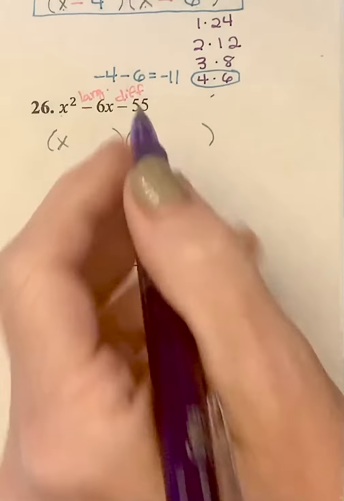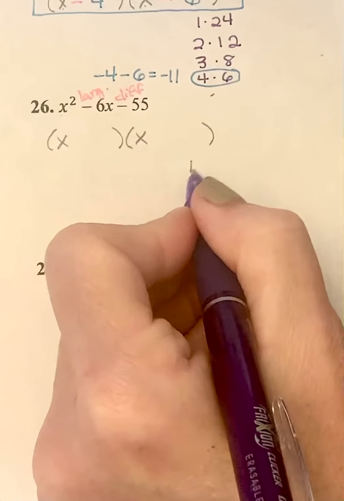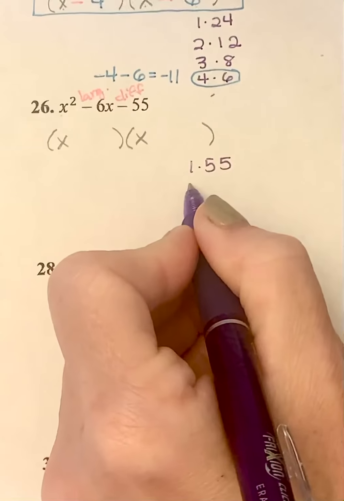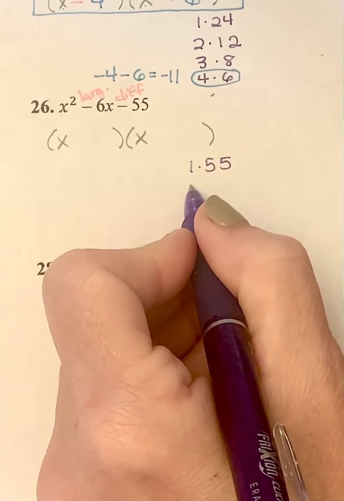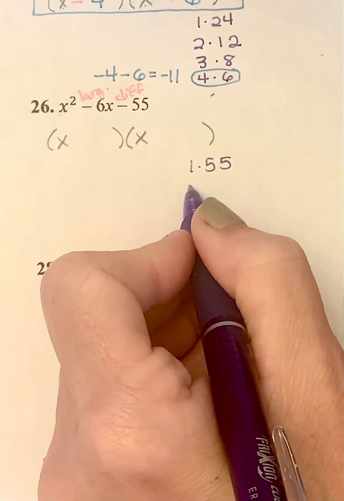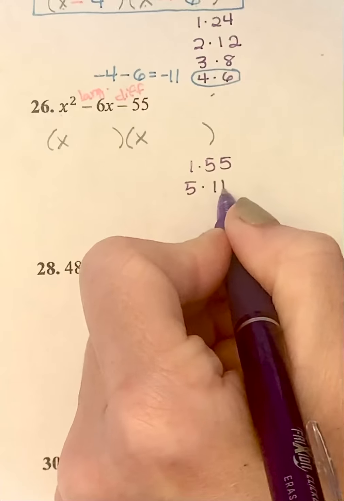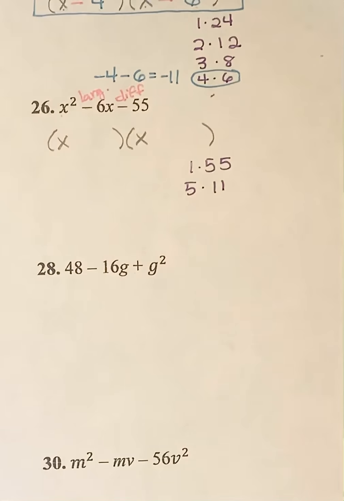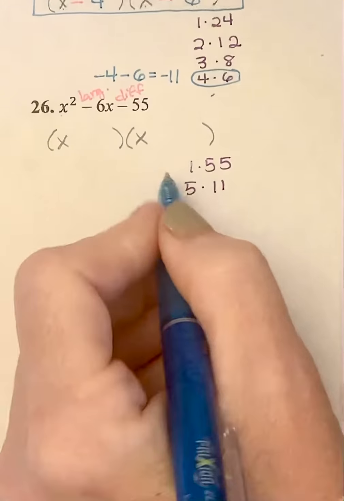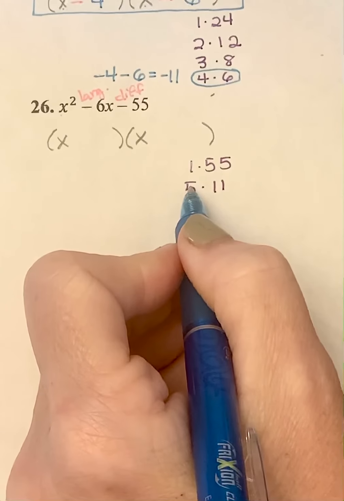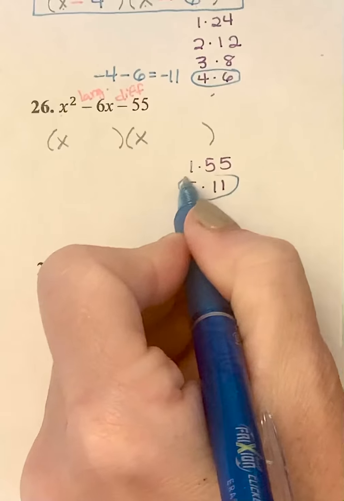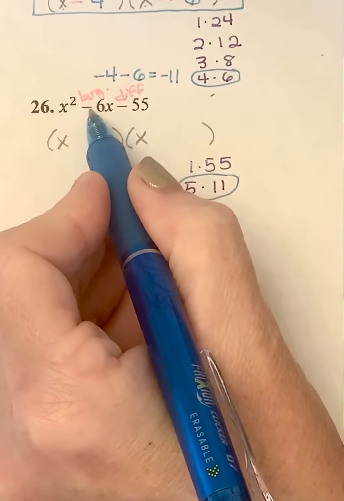So I have to look at the factor pairs of 55. 3 won't go into it, 4 won't, 5 will, it's 5 times 11. 6 won't go into it, 7 won't. So I know these are the only two factor pairs. Now the larger number has to be negative.